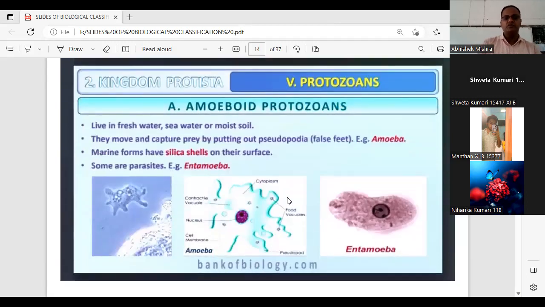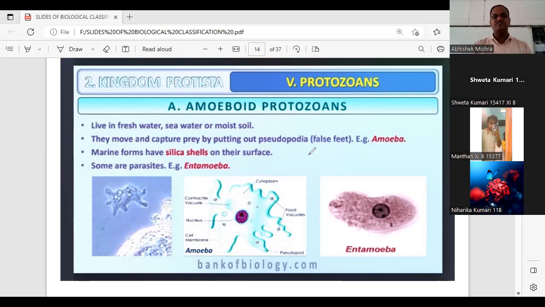When the word amoeboid protozoan comes, definitely it comes to mind that it is amoeba. They live in fresh water, sea water, or moist soil. They move and capture prey by putting out pseudopodia, that is, false feet. Example, amoeba.